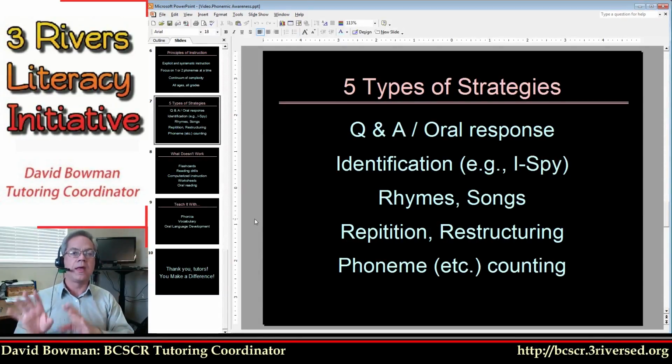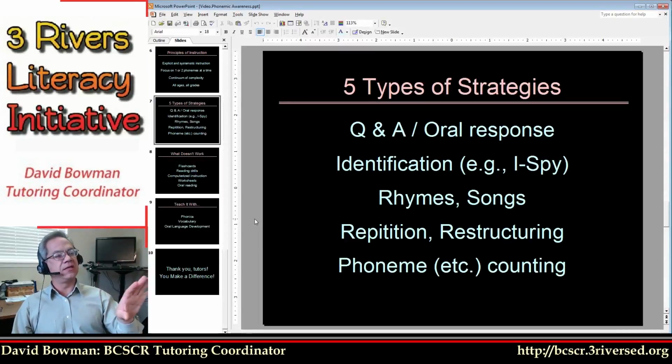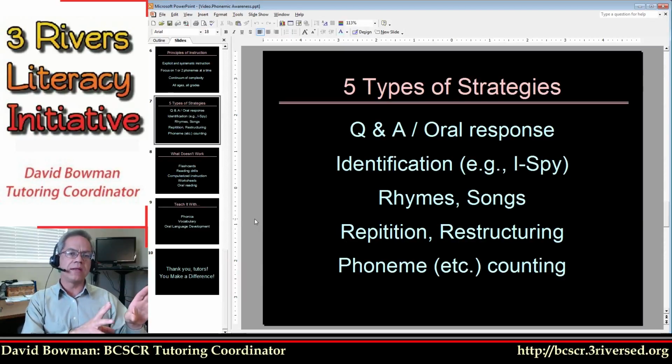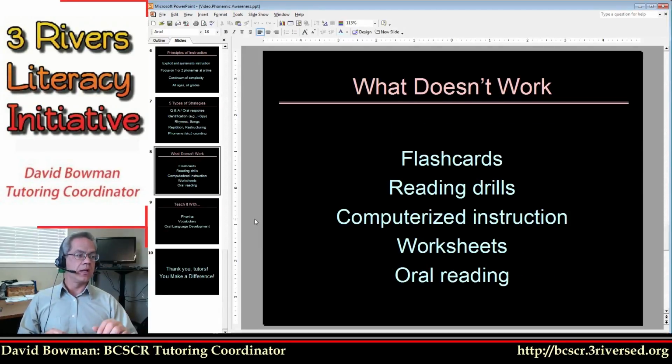It begins with how many sounds do you hear, and what are those sounds? And now let's change some of those sounds. So any kind of instructional activities that deal with those principles and strategies that align with this set right here is going to be very useful for helping students to develop their phonemic awareness.